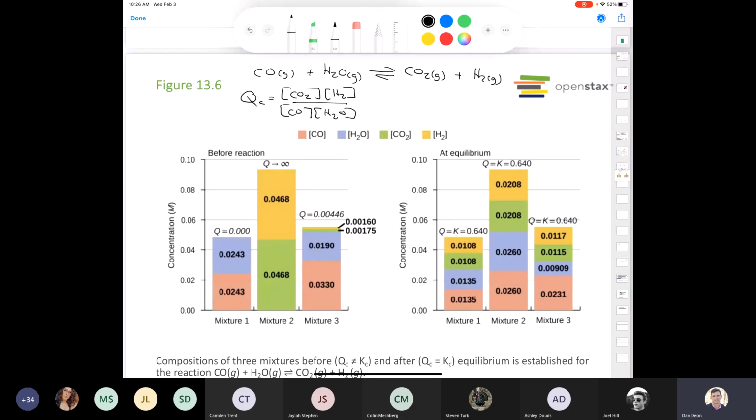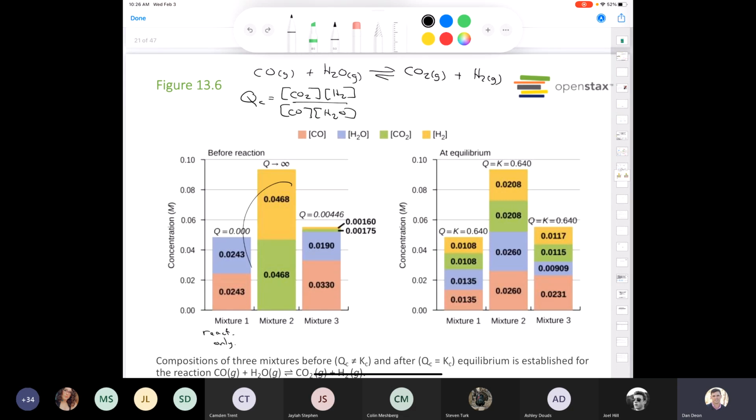Now here are the scenarios. Over here, we're starting with 0.0243 molar of each carbon monoxide and water. So we've got reactants only here, so the Q is equal to 0, because you've got 0 divided by something, and 0 divided by something gives you 0.